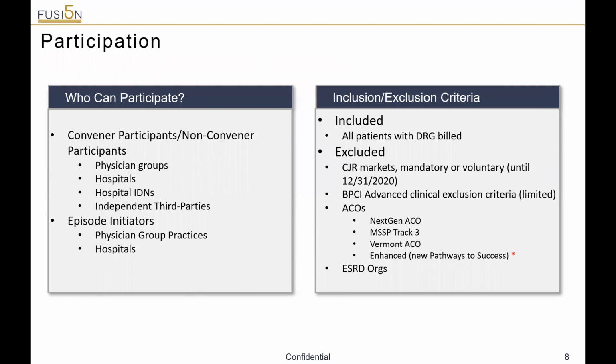MSSP, which is the Medicare Shared Savings Program, the Track 3 ACOs. There are tracks 1, 1+, 2, and 3. They differ from one another in a variety of degrees. Only the track 3 ACOs take precedence over BPCI Advanced. The Vermont ACO, and what I'm going to put down is enhanced ACOs. This is part of a new designation of ACOs called Pathways to Success.